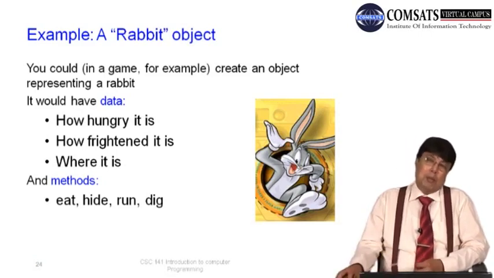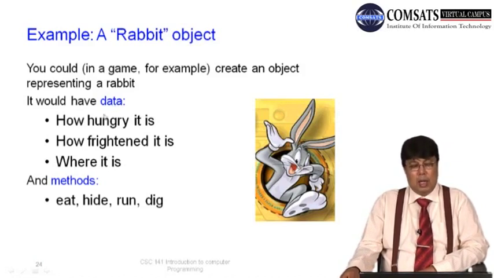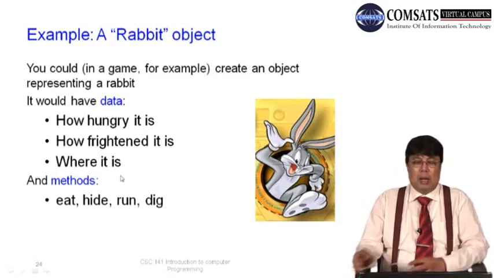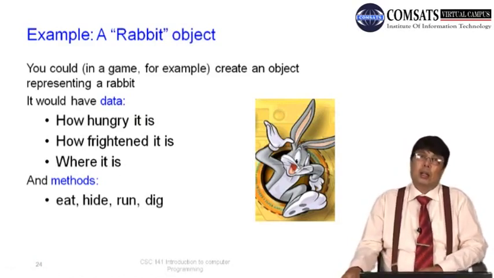These are the methods related to our rabbit object. So you can see that the data has certain attributes, such as hungry, frightened, or its location, and then it has certain methods also. That becomes the complete object which represents a rabbit.